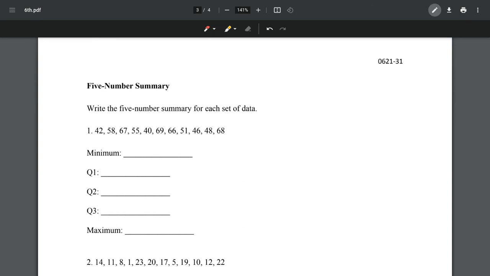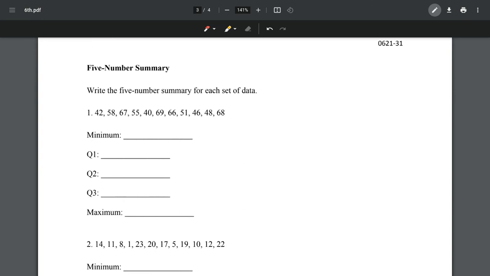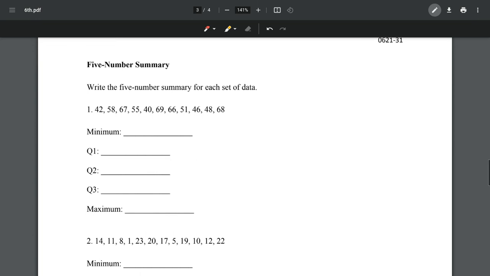So, 5-number summary. We have to write the 5-number summary for each set of data, and that's our set of data for number 1. Okay, so we have 42, 58, 67, 55, 40, 69, 66, 51, 46, 48, and 68. And to make things a little bit easier, let's go ahead and list them in order from smallest to largest.